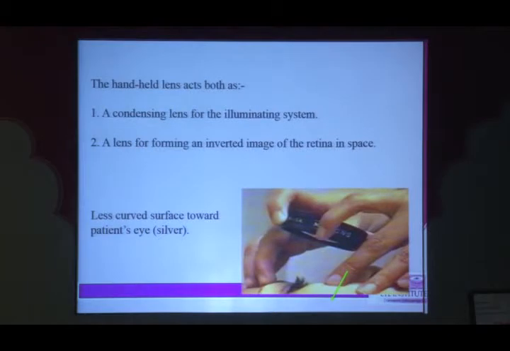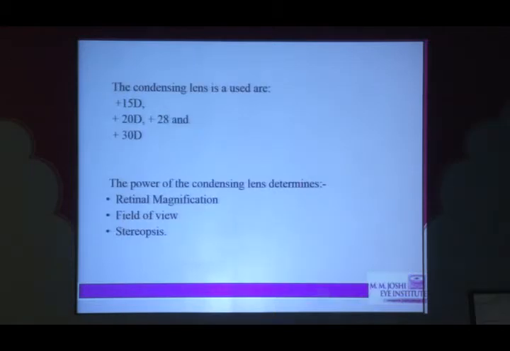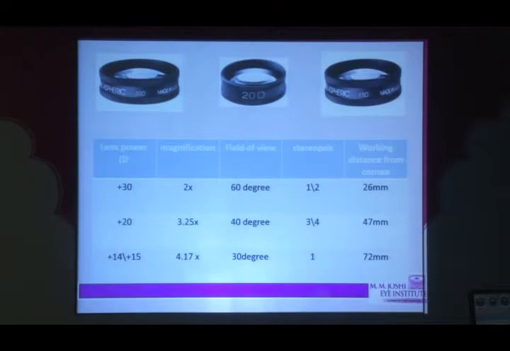The handheld lens acts both as a condensing lens for the illuminating system and the lens for forming an inverted image. There are different kinds of condensing lenses, that is 15D, 20D, 28D and 30D. They are basically for retinal magnification, field of view and stereopsis. As we know, the lower the number, the higher the magnification and the lower the field of view.